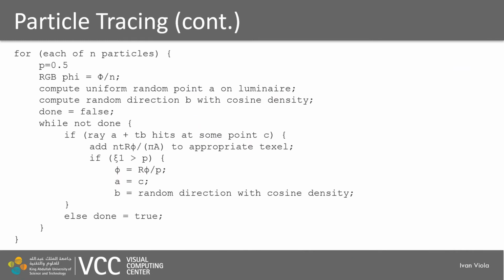Here we have a short pseudocode for the particle tracing, which you'll find also in the book. I have added here just this one line on what is the probability of the termination or of the outscattering, and the calculation is as follows.